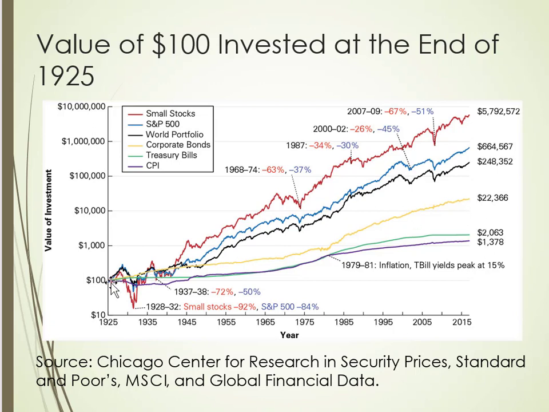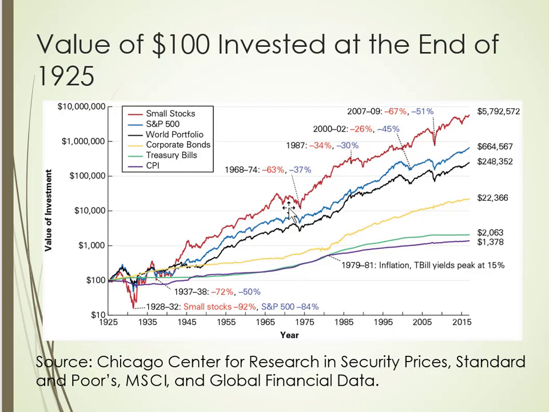So $100 invested in the small stocks would have reached $5.8 million in value by the end of 2015. The S&P 500 is $664,000. I mean, $5 million more by investing in small stocks than investing in the S&P 500. Now, what's the difference?